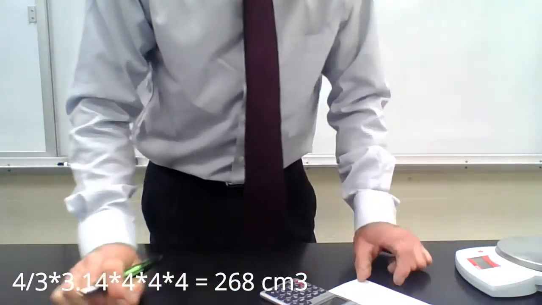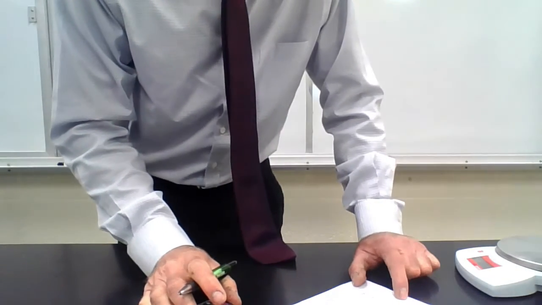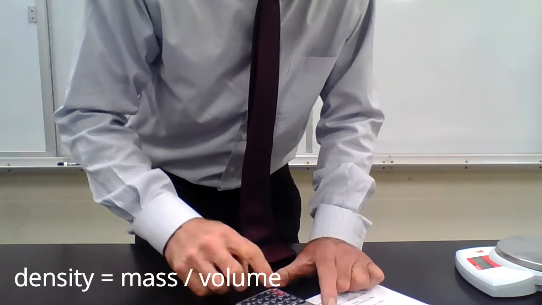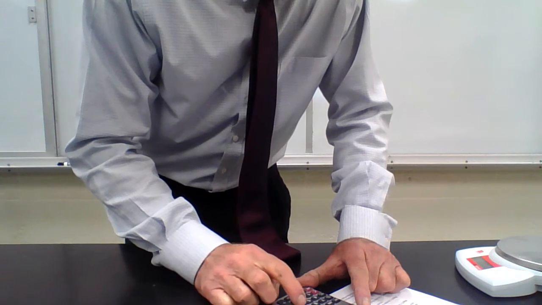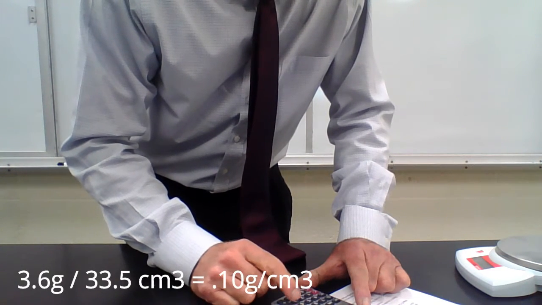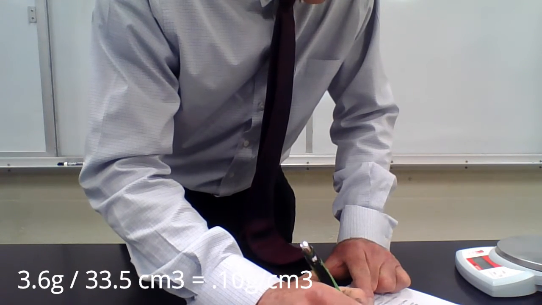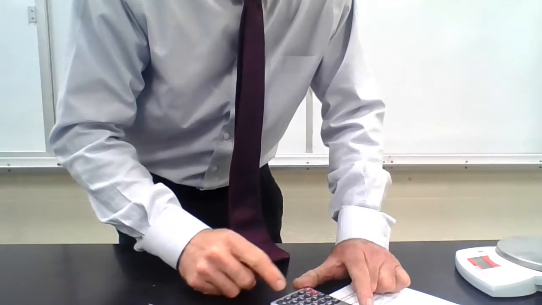Finally, for my last column, and this is step number 7, calculate the density by taking the mass divided by volume. For the small ball mass, 3.6, divided by the volume, 33.5, and I got 0.10 grams per cubic centimeter.